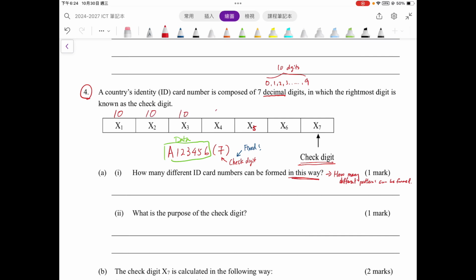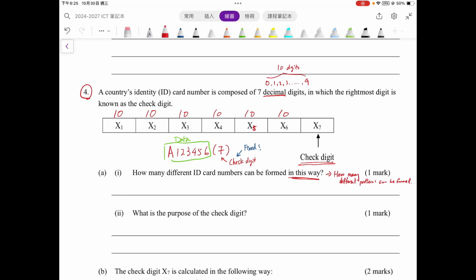The last one, I will just keep first because it is a little bit special. For the first 6 digits, you should have all these options for you to choose your number.